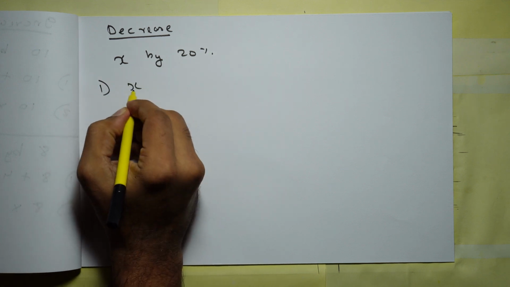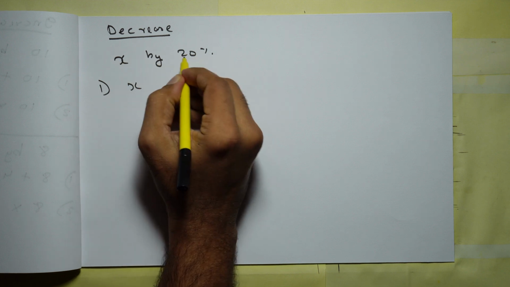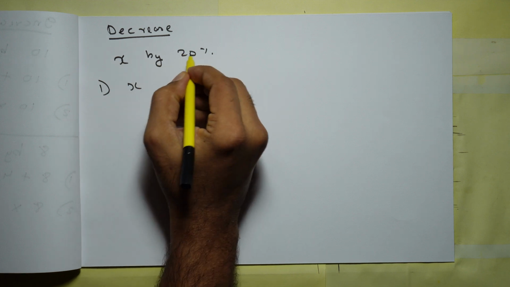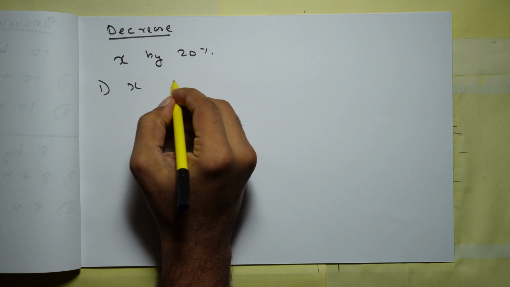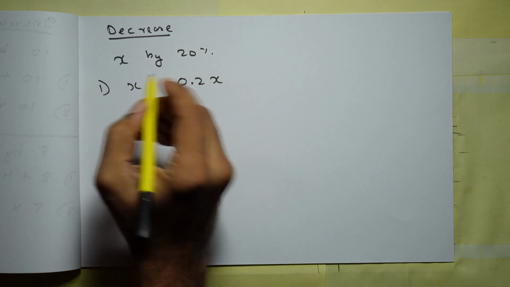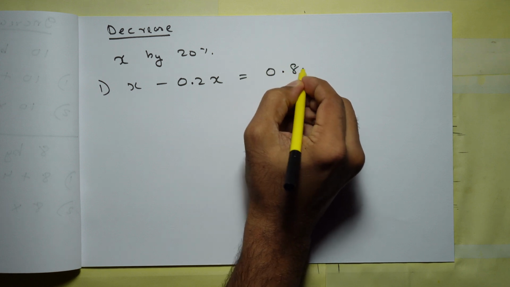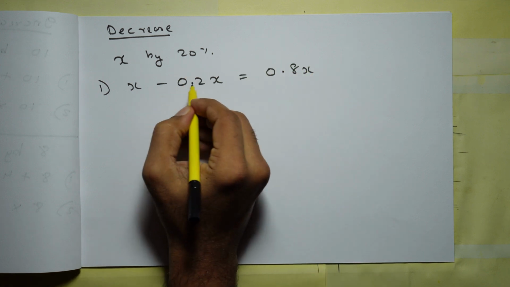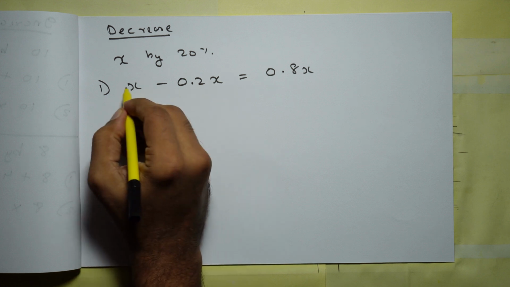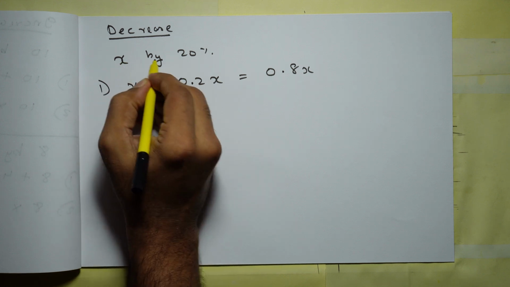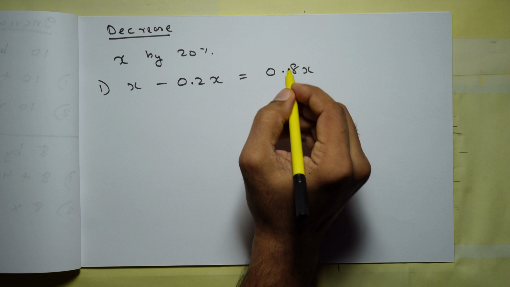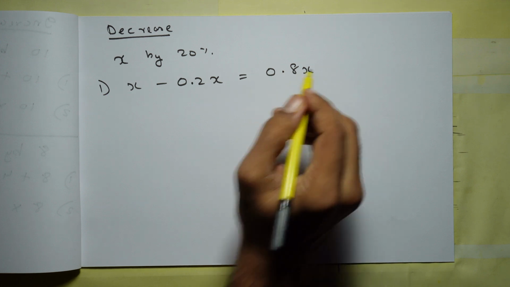You want to decrease x by 20%. First you find out 20% of x. That will be 0.2x. And that you subtract from x. So what you will be getting is 0.8x. That is, you have reduced x by 20% of itself, and you get 0.8x.